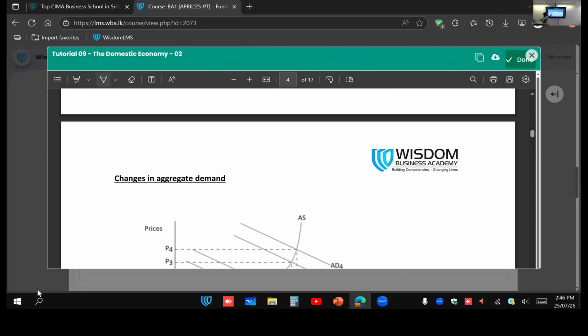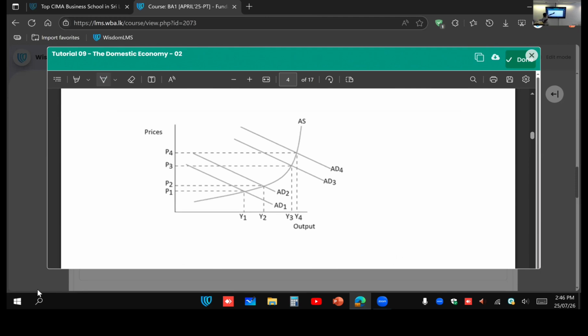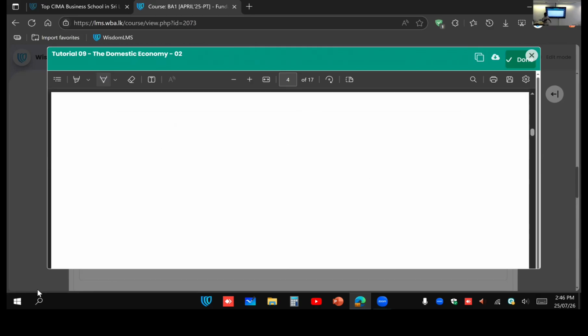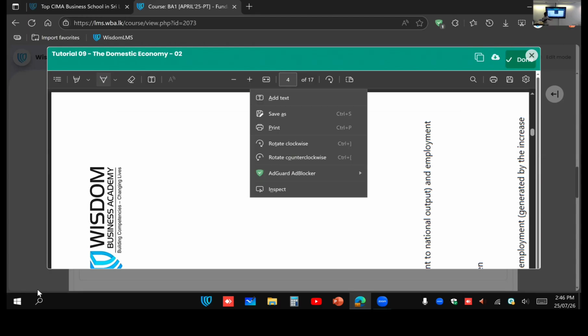Changes in aggregate demand. So this is what I told you. Look at this diagram.